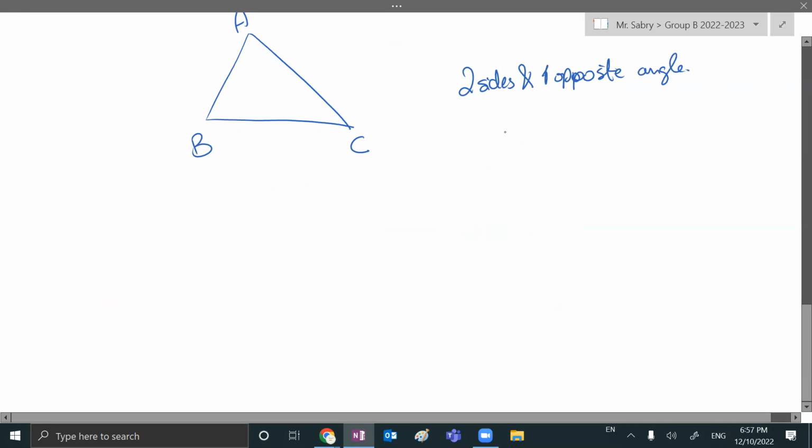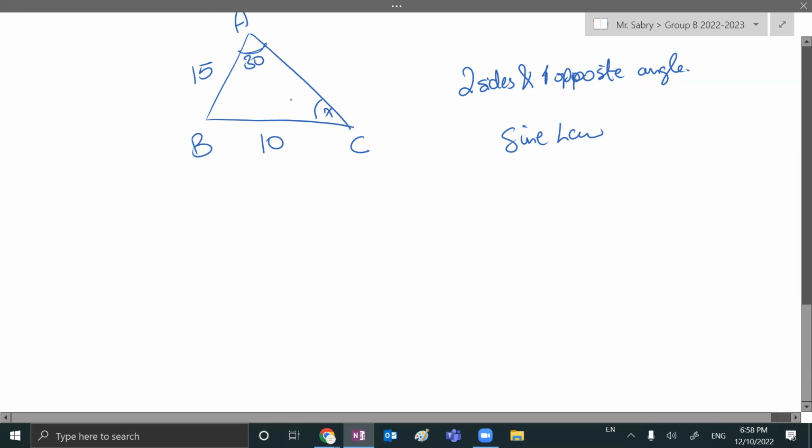So if I have one side and opposite angle, I can use the sine law. For example, if I know this measure and I know this side, and let's say this one is 10, this one is 30, this one is 15, and I want to know the measure of C.